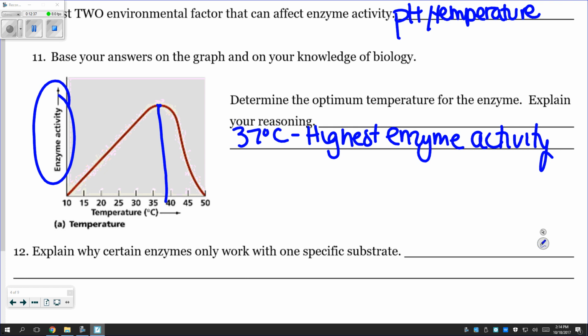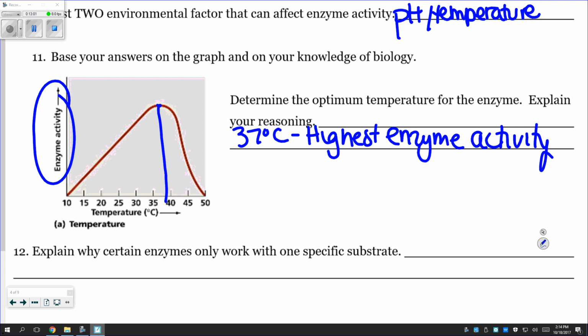Number 12, explain why certain enzymes work with one specific substrate. So we looked at a couple examples of this, right? We looked at lactase. Lactase specifically worked on lactose, the milk sugar. And then we also looked at the pineapple enzyme called bromelain. And that only, right, will work on protein. Why is that?